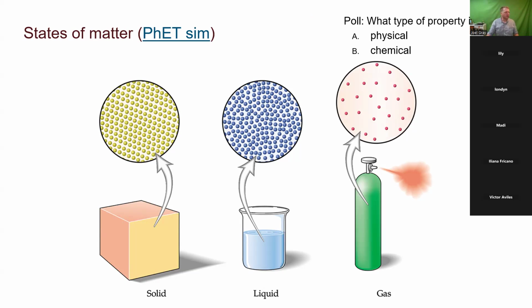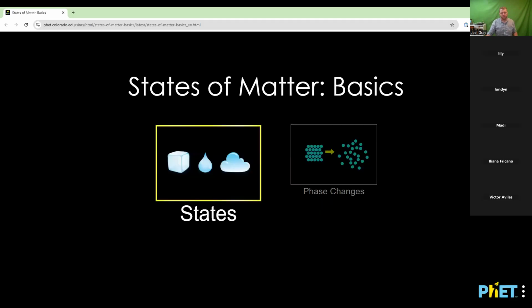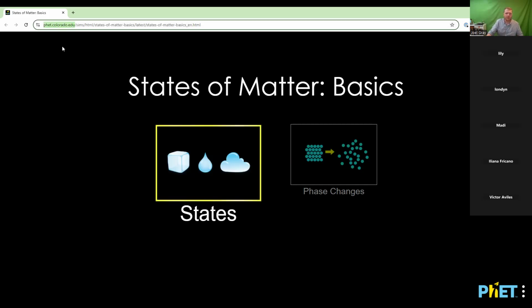The link at the top is to one of a handful of simulations we'll talk about over the course of the semester, and they all come from phet.colorado.edu. It's a really great resource for lots of different simulations. Usually they're structured with the concept first.